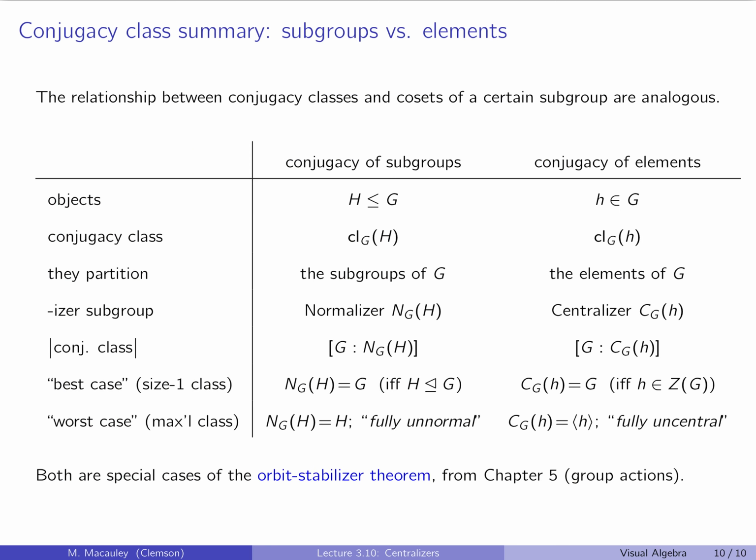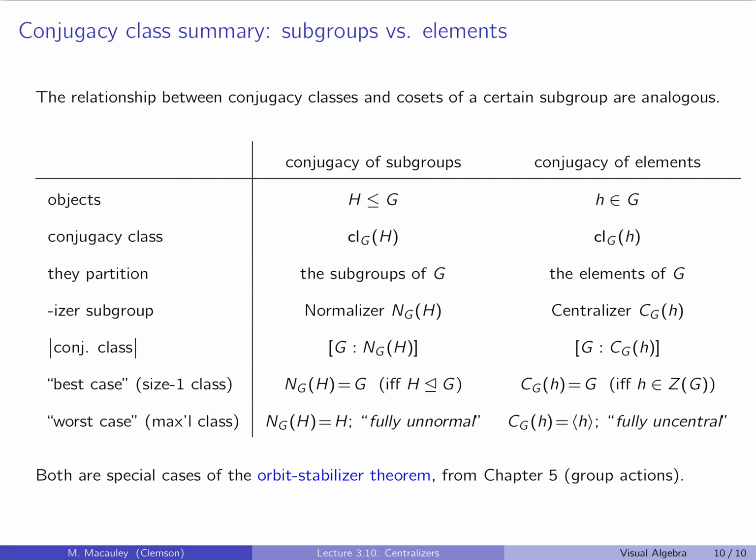Finally, let's finish this lecture with a summary of conjugacy classes and related objects of subgroups versus elements. First of all, the objects. In the first case, we're conjugating subgroups of G, and in the second case, we're conjugating elements. The conjugacy classes are denoted the same in both cases, CL sub G of either big H or little h.